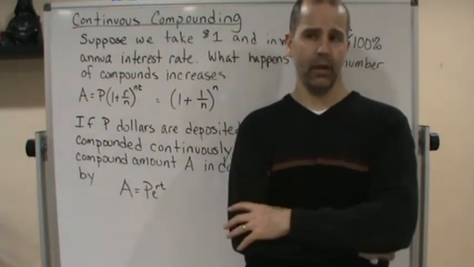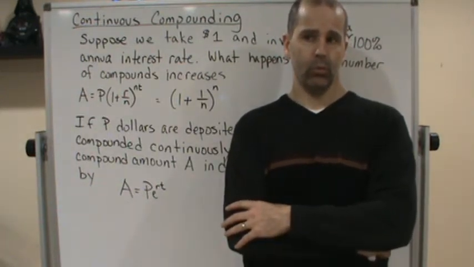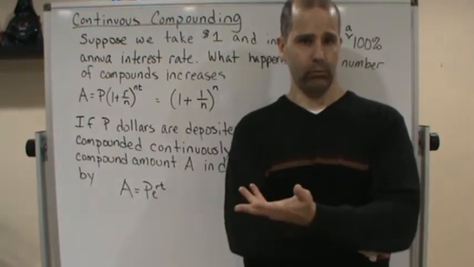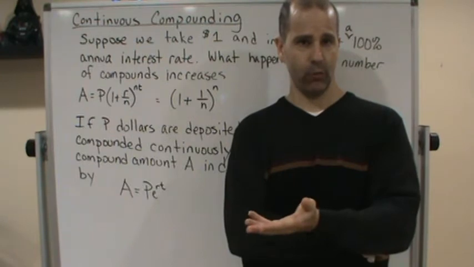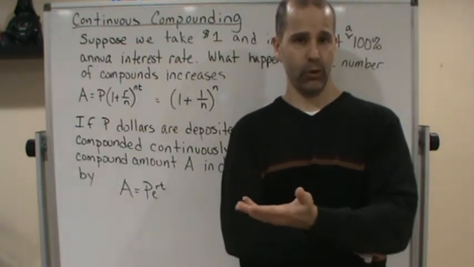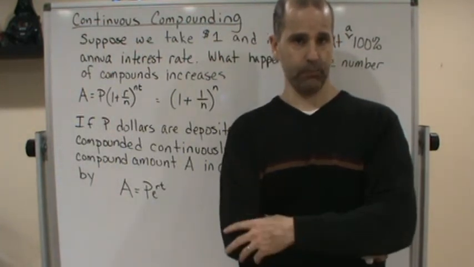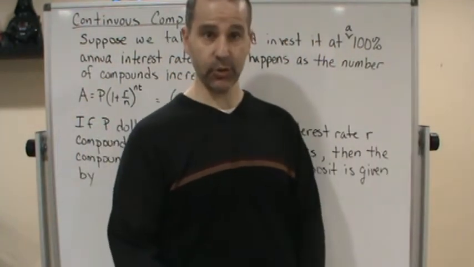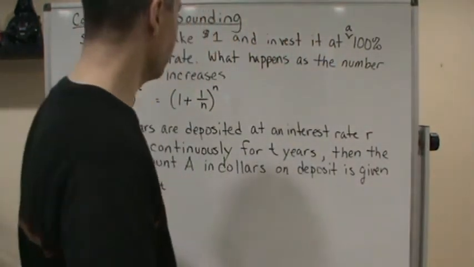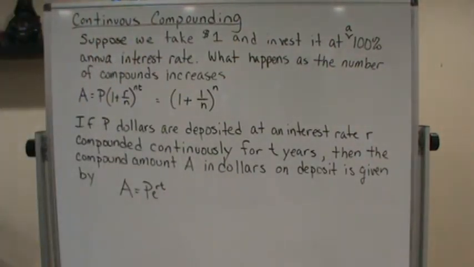So this time, what if n gets bigger and bigger? How does that affect the amount of money I'm going to have, or how does that affect the future value, the amount A? Well, that's what we're going to talk about today, and we're going to introduce continuous compounding and the idea of that.